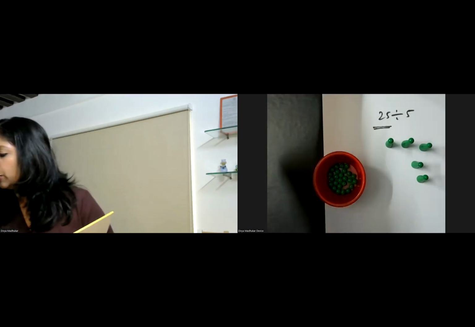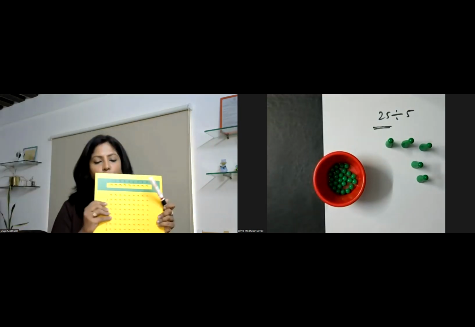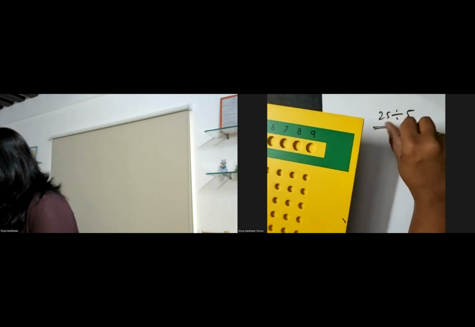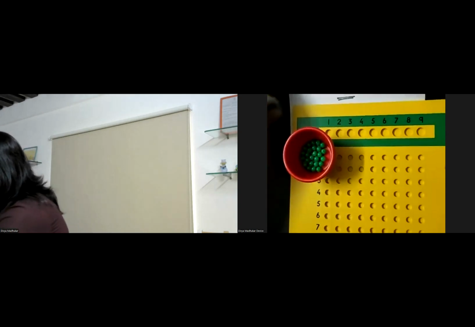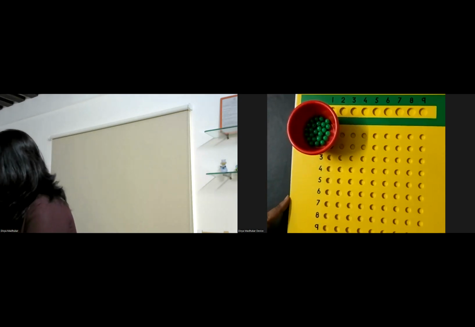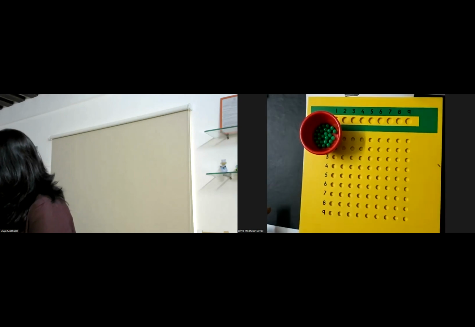So now I'm going to be using my division board to perform this operation of division. We collected the dividend, we collected the divisor also, and we have the problem statement of performing 25 divided by 5. So we have all of this, and we're going to be working on our division board.